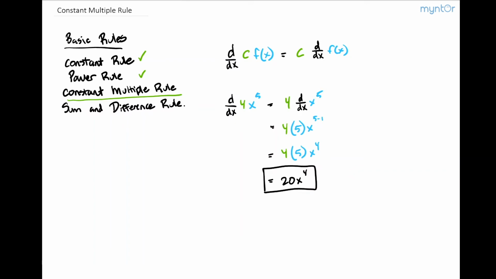Let's go ahead and do another example. Let's say that we're asked to take the derivative of a function like 2 times the fourth root of x to the third.